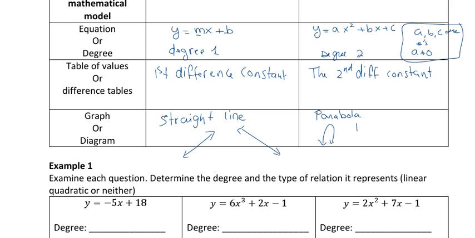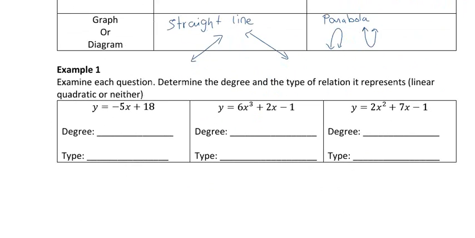It's a smooth, symmetrical graph. Okay? So, if I give you an equation, you should be able to look at the equation and tell me if it's linear or quadratic. Or it could be neither.